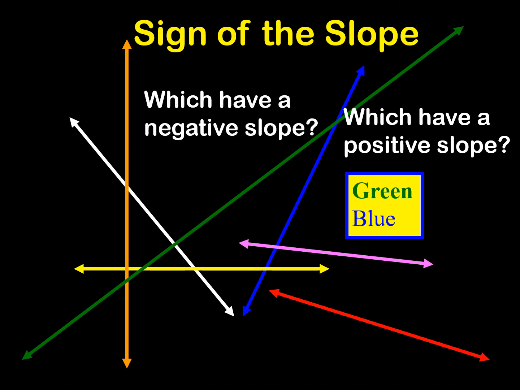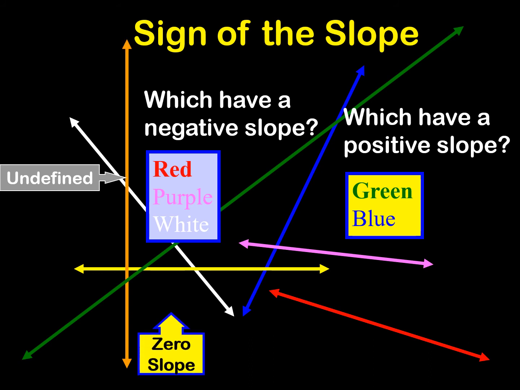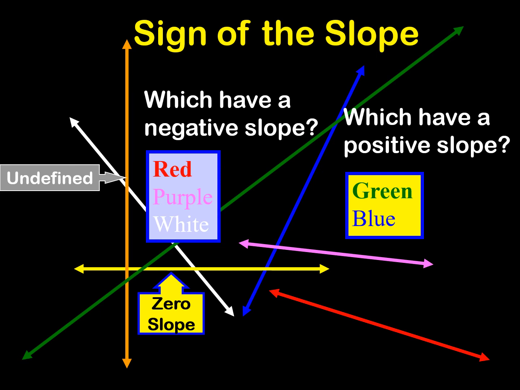And then which have a negative slope? Yes, the red, the purple, and the white. Very good. Because the line is sloping down to the right. And for the undefined, we have the orange one, the vertical line, and 0 slope, the horizontal line. Those are the sign of the slope.